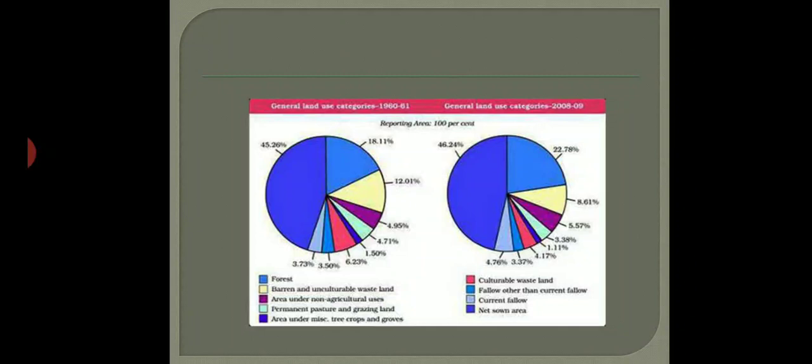Wasteland includes rocky, arid and desert areas, and land put to other non-agricultural uses includes settlements, roads, railways, industry, etc. One more thing you will see: forest area in the country is far lower than the desired 33% of geographical area as outlined in the National Forest Policy 1952. Though if we compare it to the data of 1960-61, forest area has increased.